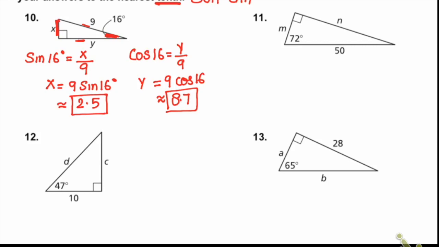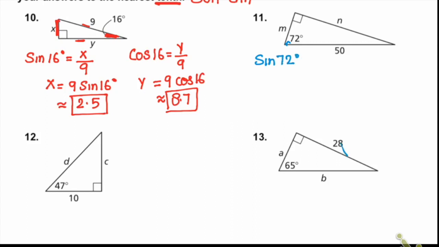Then let's move to the next problem, question number 11. The orientation is just different, so it doesn't matter. You can redraw it, up to you. This angle is given, and we are supposed to find m and n. So we write sine of 72 degrees.